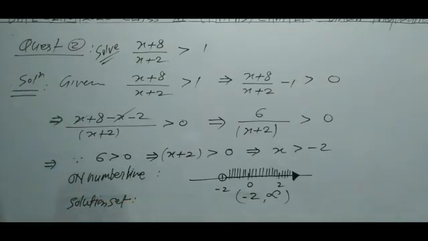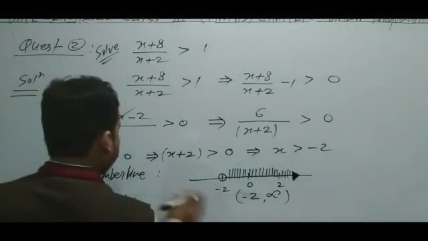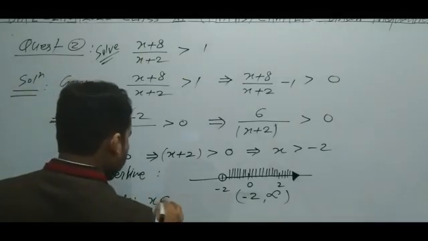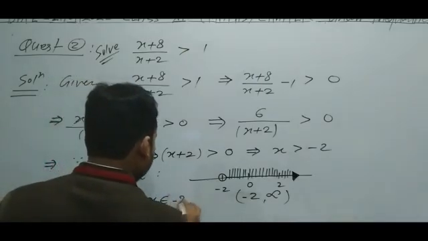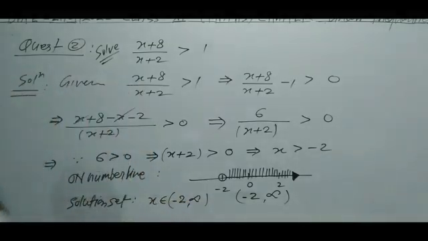The solution set will be equal to x belongs to minus 2 to infinity. So this is the solution set of this question. For minus 2 to infinity, any number you put, you will get this inequality satisfied.